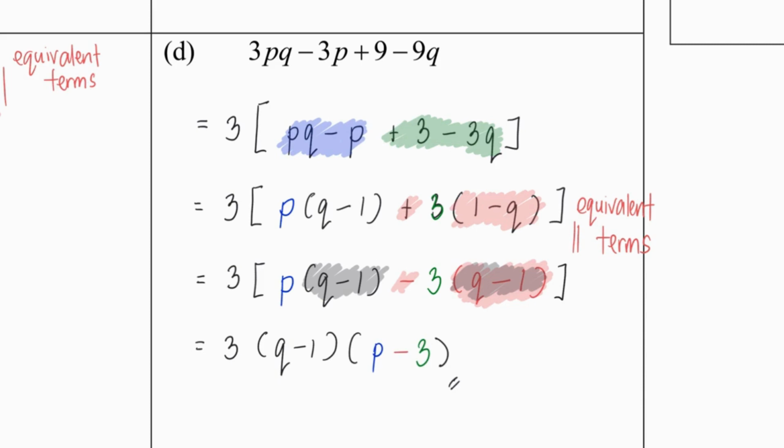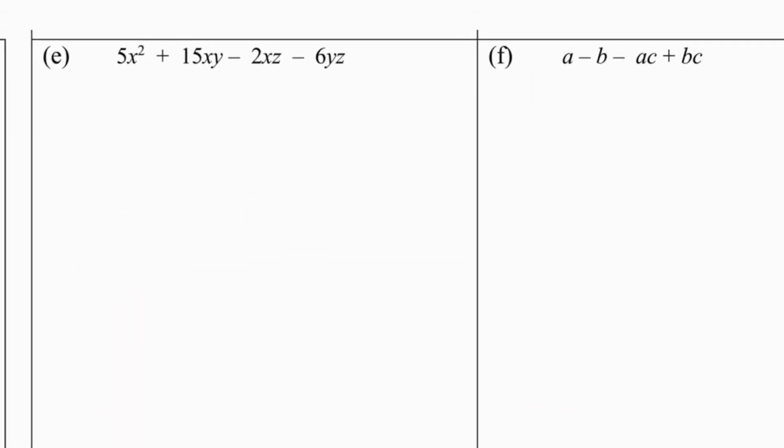Let's move on to the next example here. By now you should be pretty good at seeing things already, right? The approach is always the same. I group them, and very importantly, the groups must have common factors. So in this case here, 5x, I'm left with x plus 3y. 5 times 3 is 15, x times y is xy.